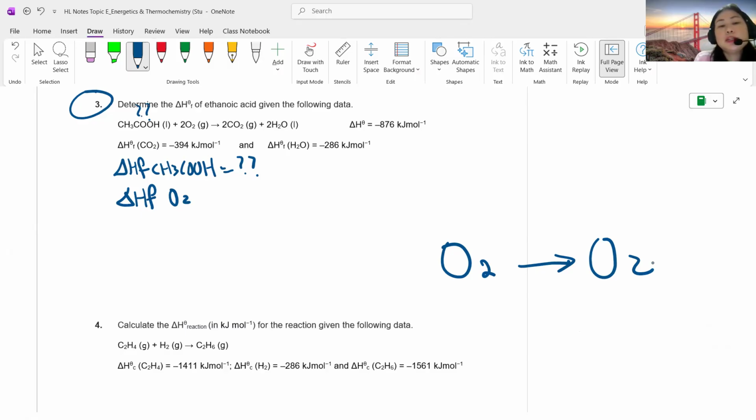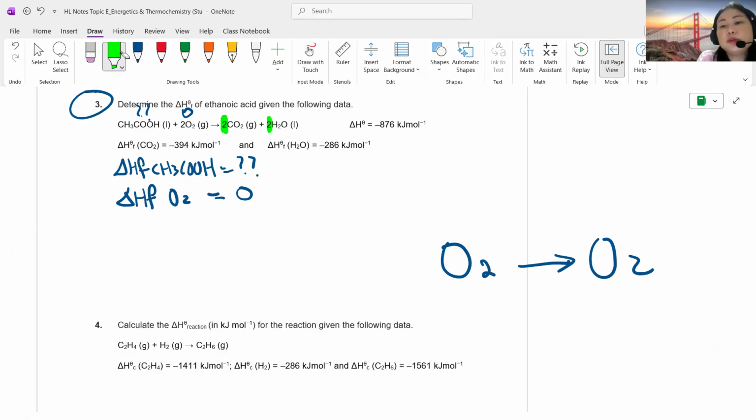There's no reaction, so it's actually 0, because the enthalpy change of formation of an element is 0. The formation of CO2 is given as minus 394 kilojoules per mole, but now I'm having 2 moles, so I need to times 2 later. The formation of water is given as minus 286, but again it is per mole. I have 2 moles, so I need to multiply by 2 later.